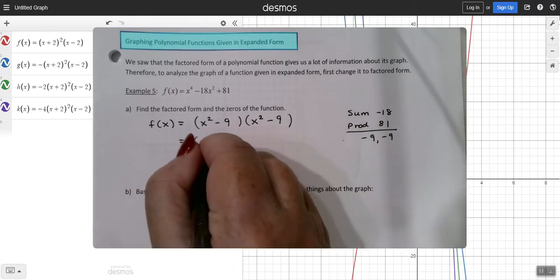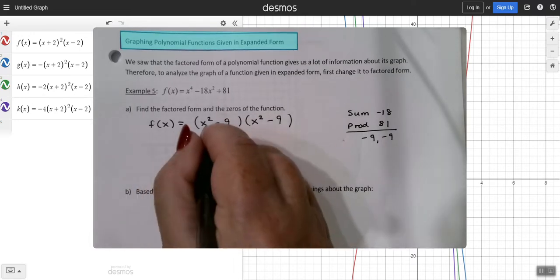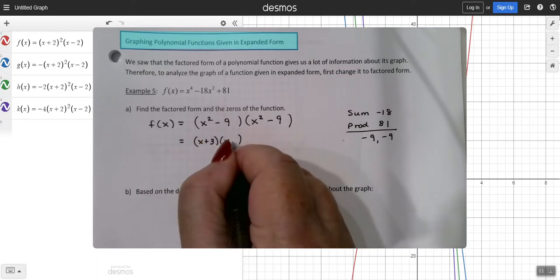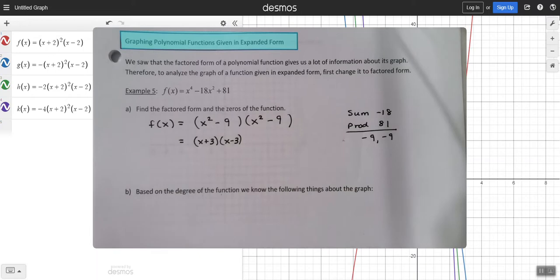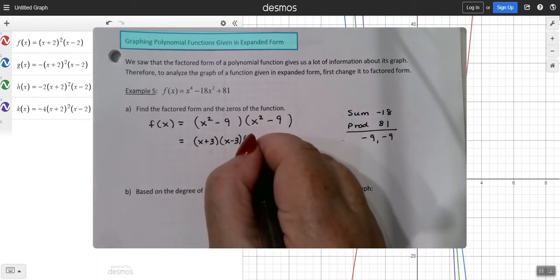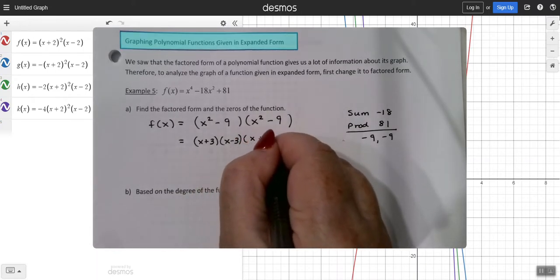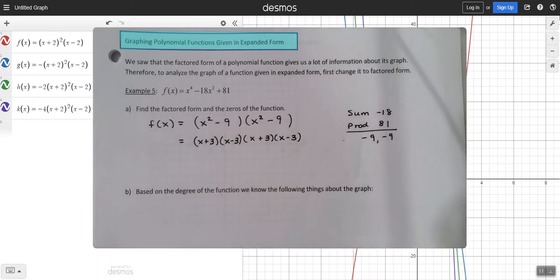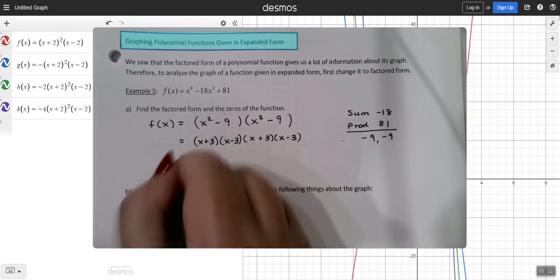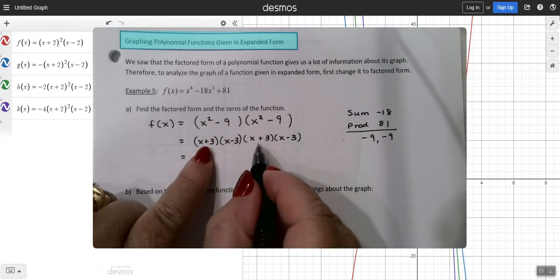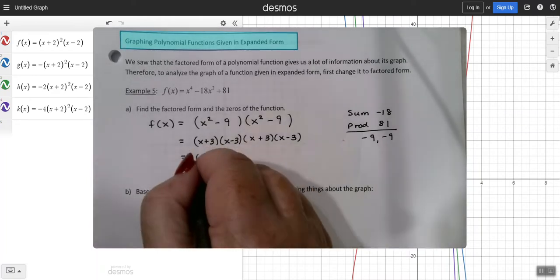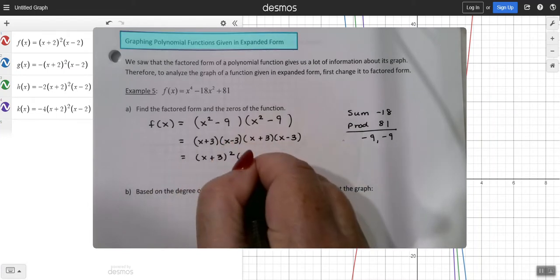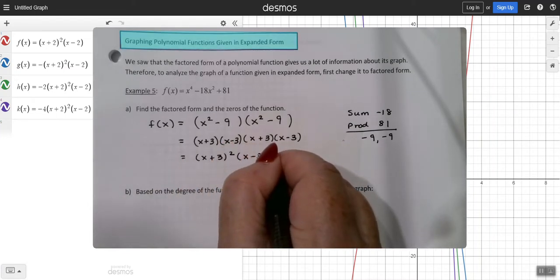So I can factor this as x plus 3 times x minus 3. And the same for this one: x plus 3, x minus 3. Or if I wanted to be just a little bit more efficient, I could say x plus 3 squared times x minus 3 squared.